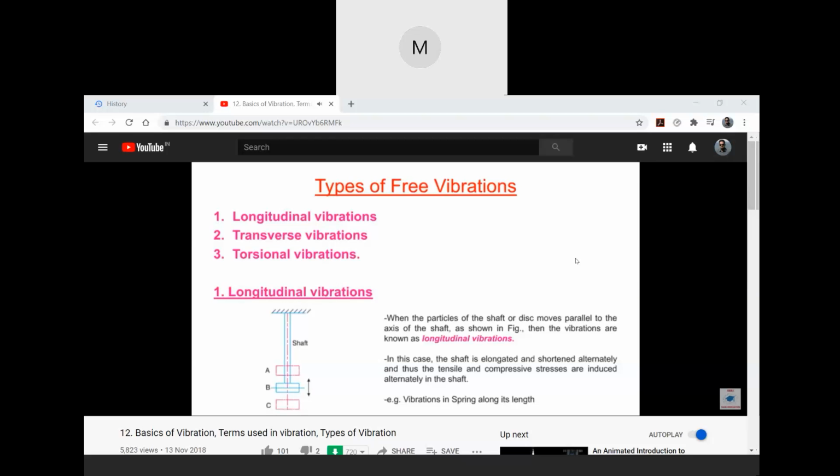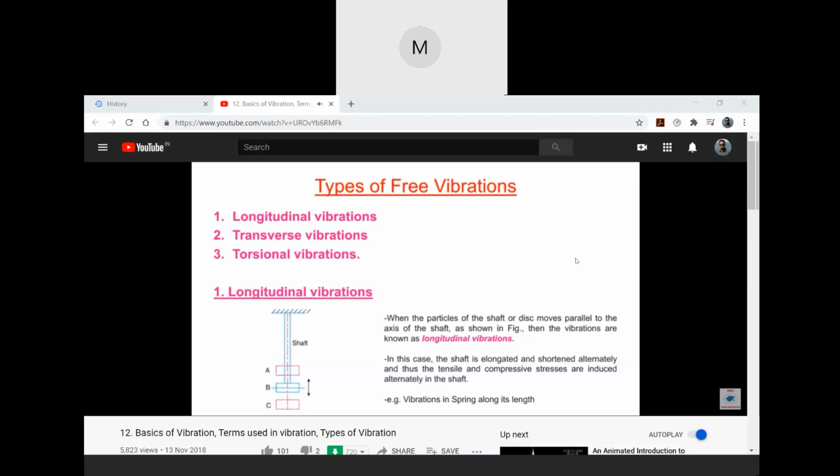When the particles of shaft or disc move parallel to the axis of shaft, as shown in the figure, then the vibrations are known as longitudinal vibration. See in that diagram, suppose one shaft and one disc is attached to that shaft, and at one end it is fixed.